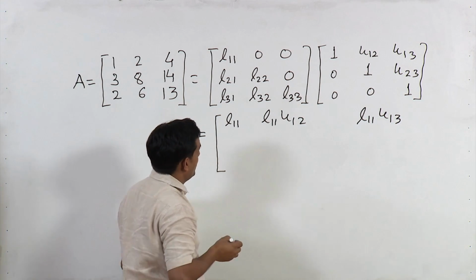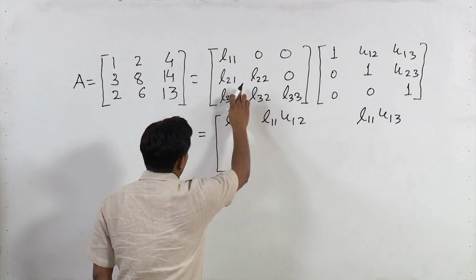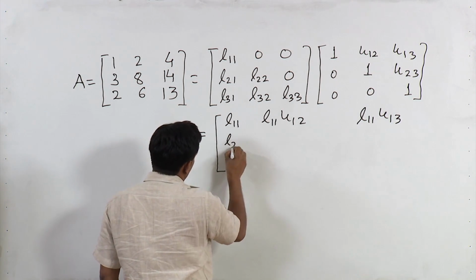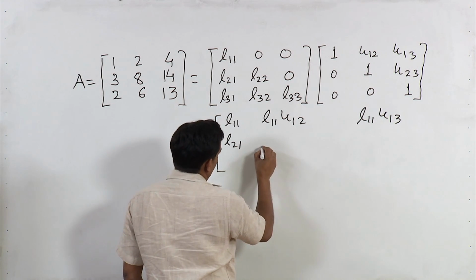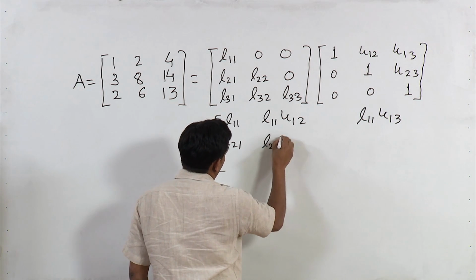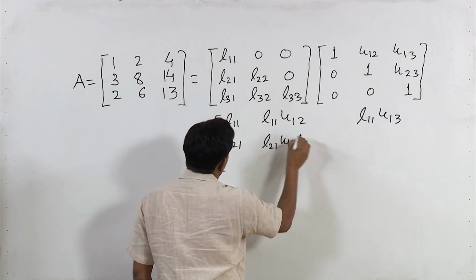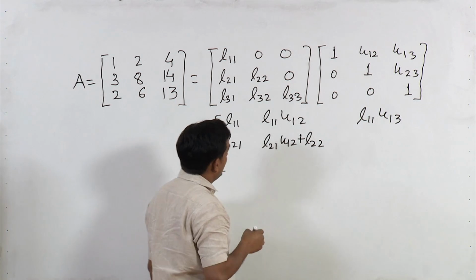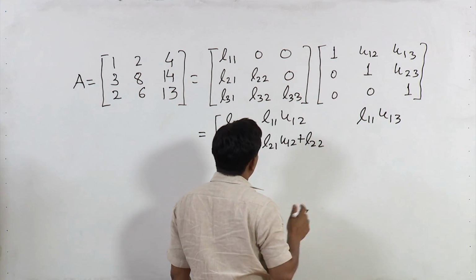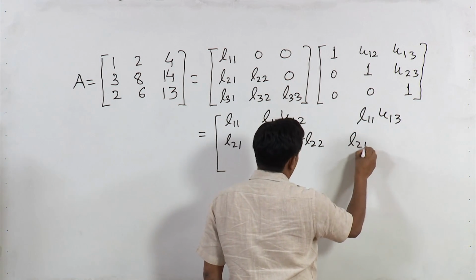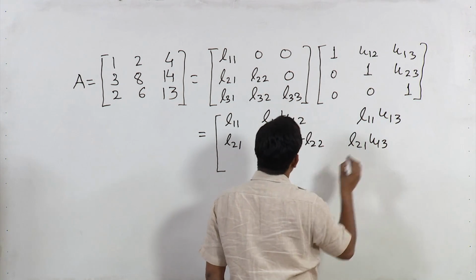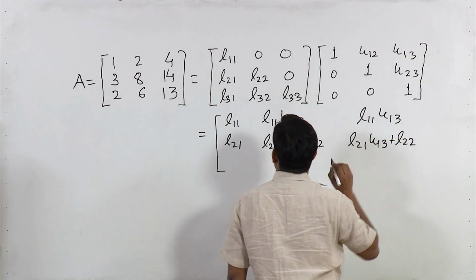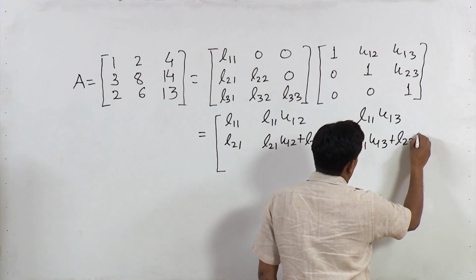Similarly, from the second row of L, this element will be L21, this element will be L21 U12 plus L22, and this entry will be L21 U13 plus L22 U23.